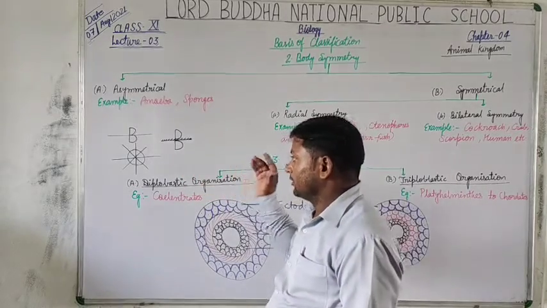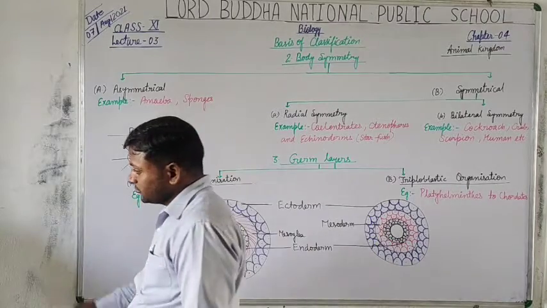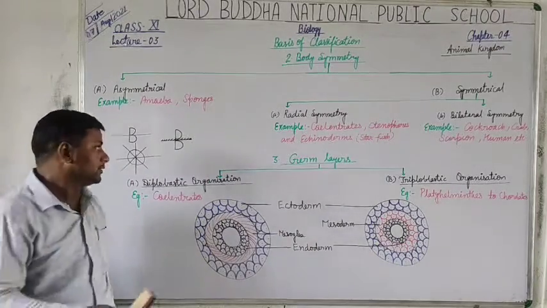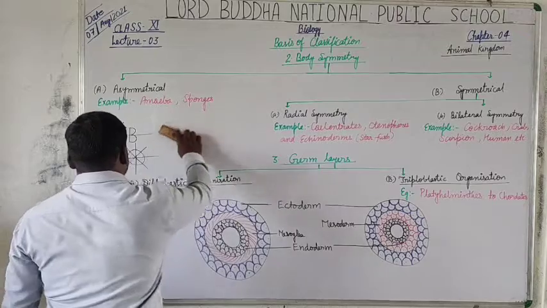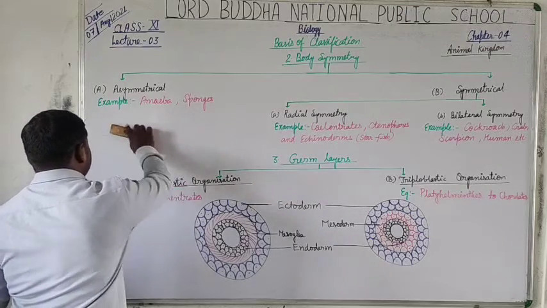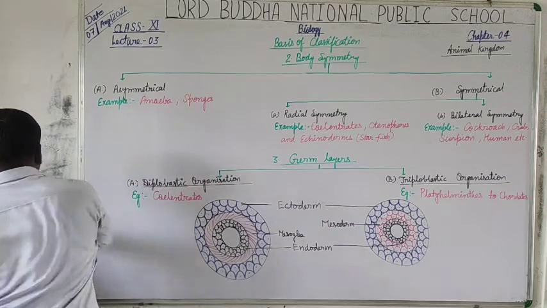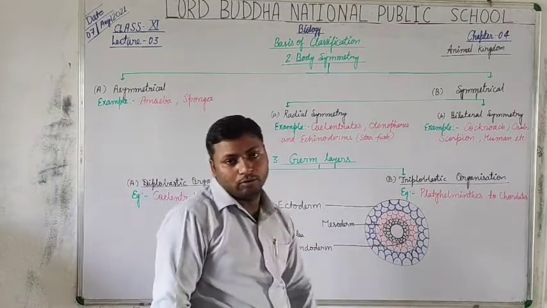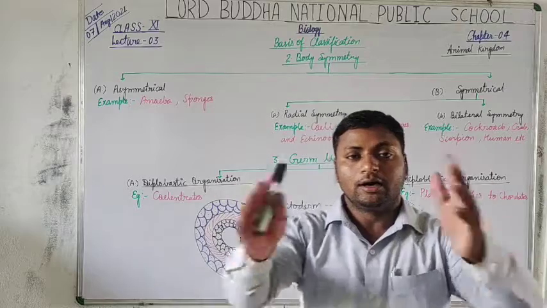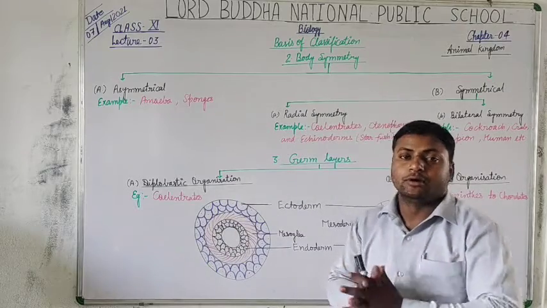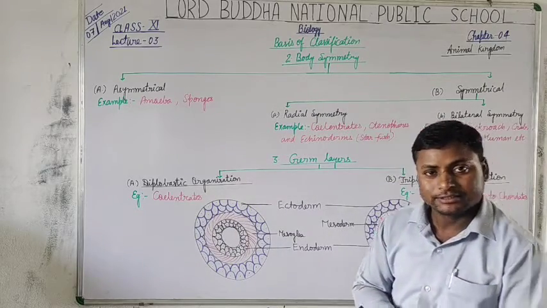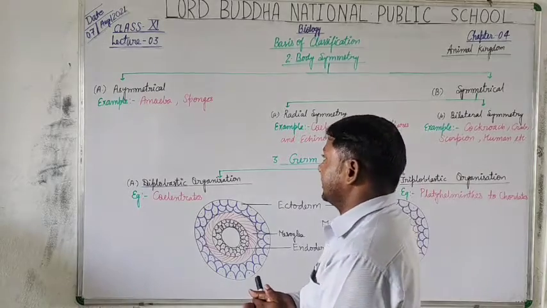So this is also called symmetry. Now students, I hope you understand: when an animal's body can be divided into two or more equal halves, this is called symmetry or body symmetry.